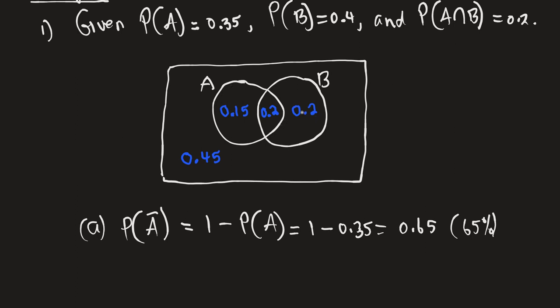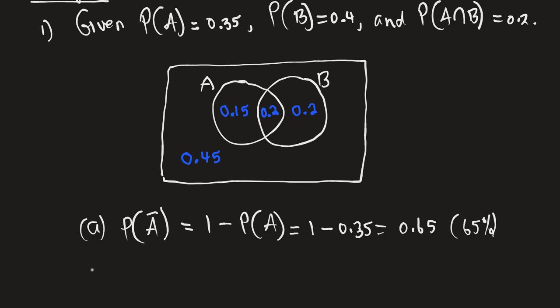We have 0.2 here, and then we had a 0.45 here. Add those together, and lo and behold, you get the 0.65, right? So there I just showed you one way using the theorem, and the other way just looking at the Venn diagram. All right, let's look at another one.